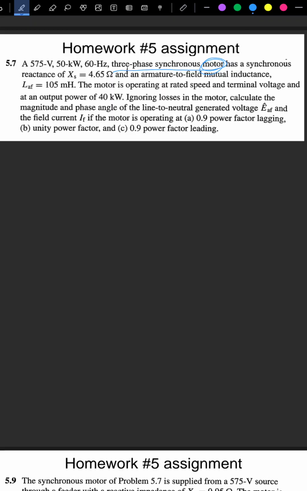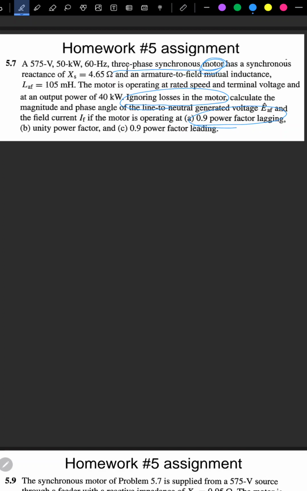The motor is operating at rated speed and terminal voltage and an output power of 40 kilowatts. Ignoring losses in the motor, calculate the magnitude and phase angle of the line to neutral generated voltage EAF and the field current IF if the motor is operating at, well, we're just going to do A, 0.9 power factor lagging.